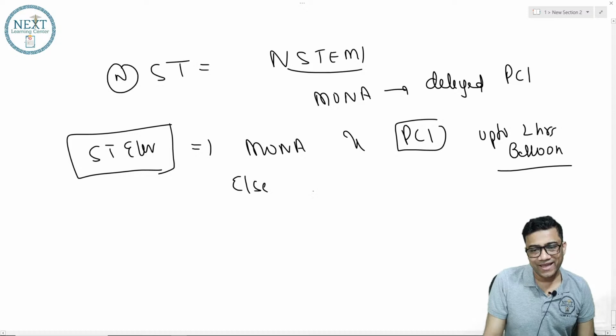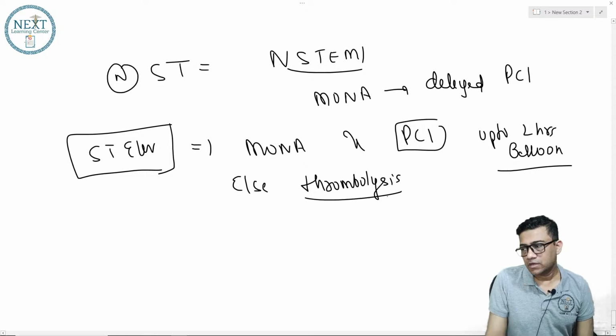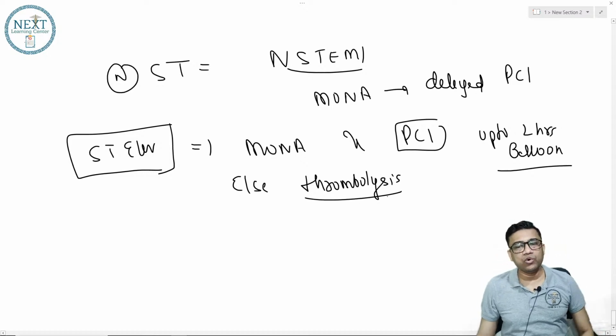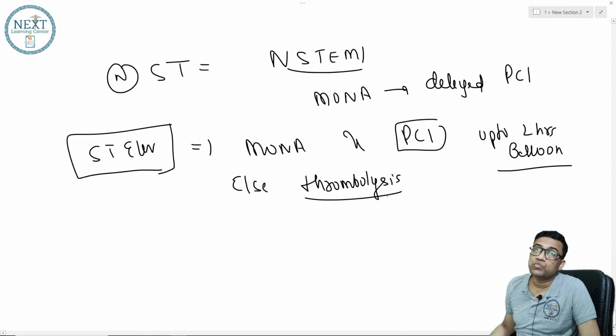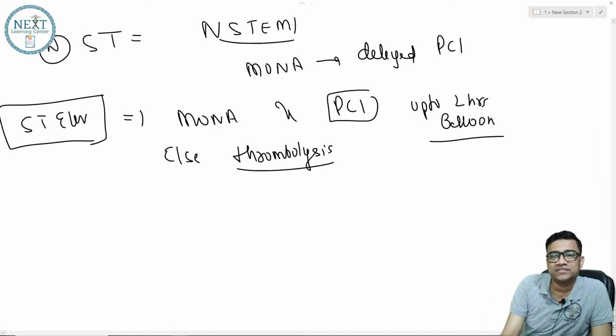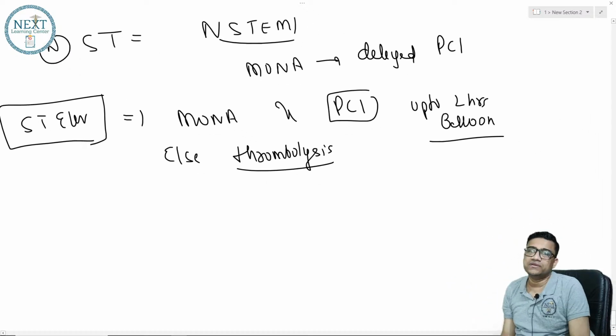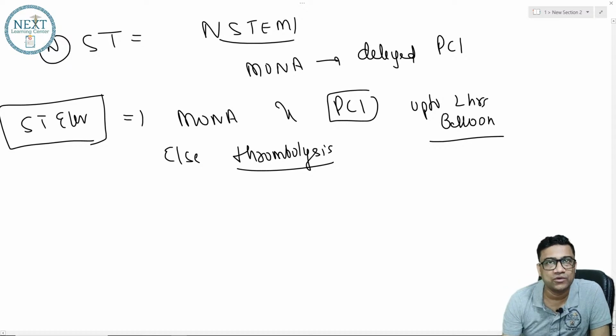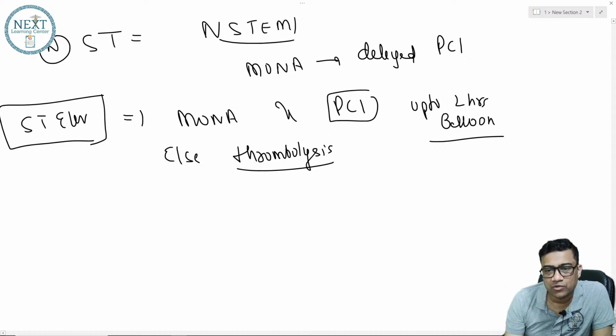Else there should be thrombolysis. We cannot do both. You cannot give thrombolysis and PCI. If you are giving PCI, no need of thrombolysis. So thrombolysis with streptokinase, or we can use tenecteplase.